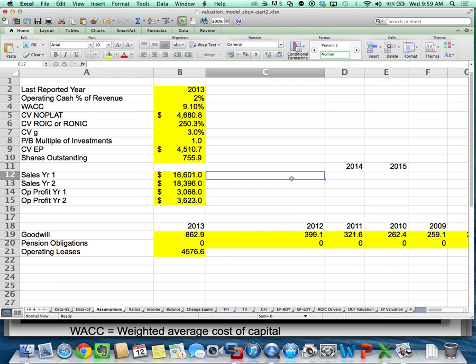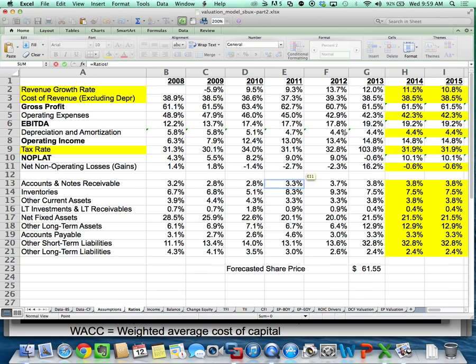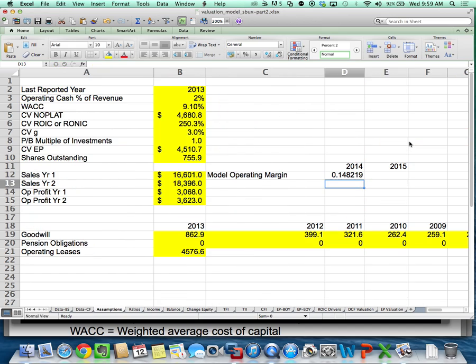This is the model operating margin that I currently have for 2014, which is my operating income as a percentage of sales. And this is the consensus.